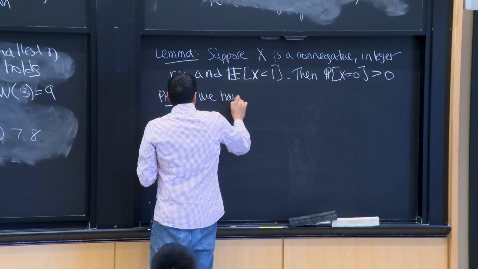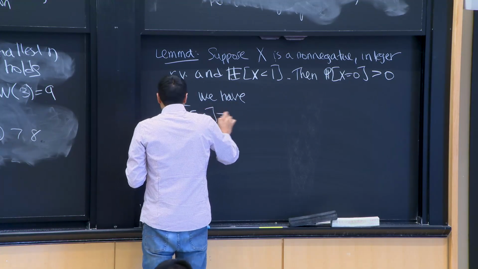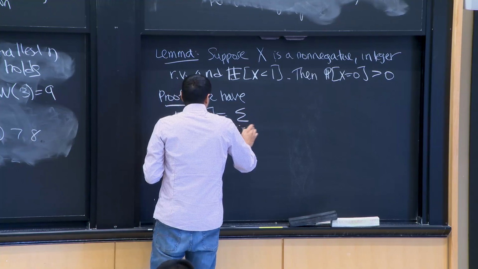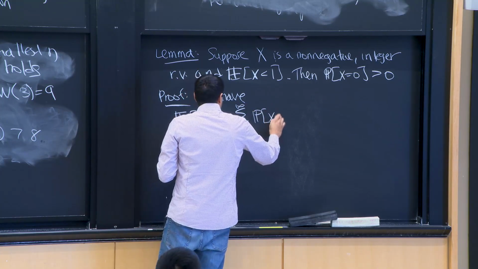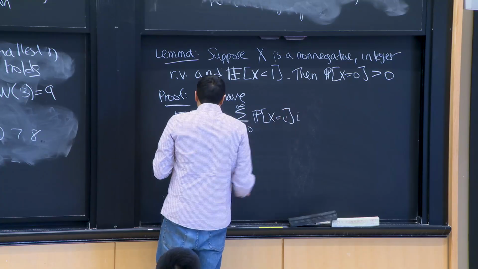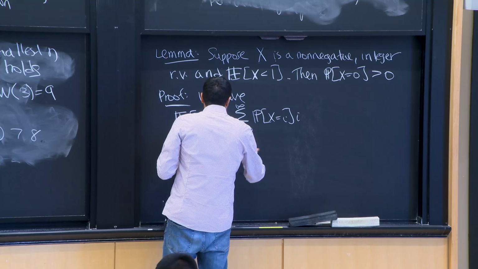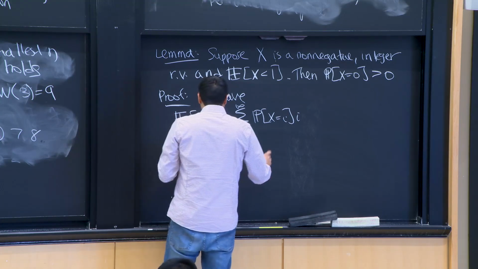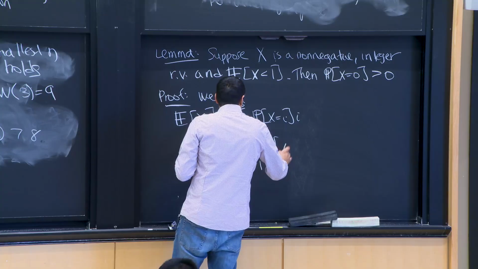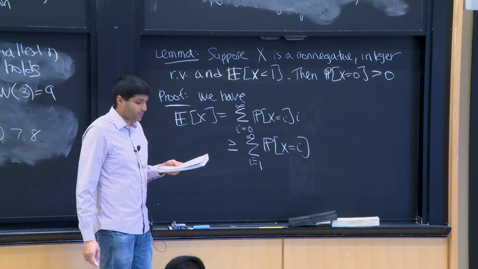So we can just write out the expectation, right? So the expectation of x, because it's integer valued, is the sum from i equals 0 to infinity of the probability that x equals i times i. But this is lower bounded by the sum from i equals 1 to infinity. So I've dropped the first term, and then I'm going to drop the i, because each of these i's is at least 1, right?